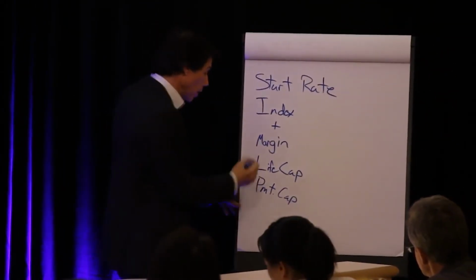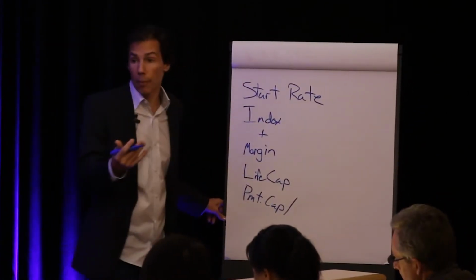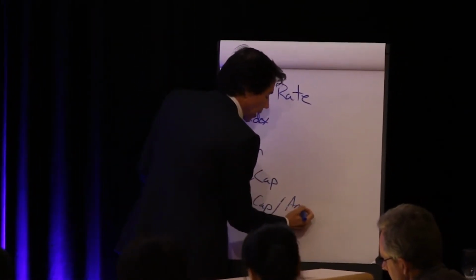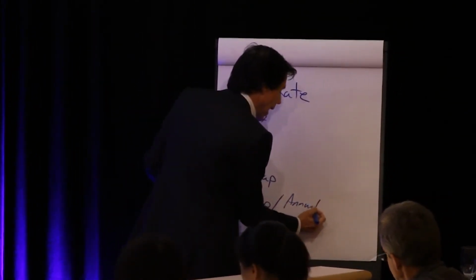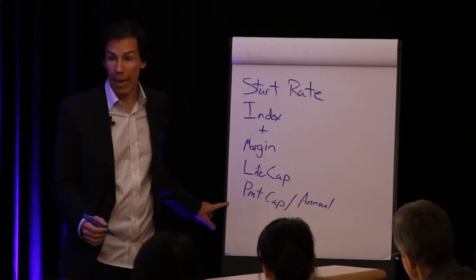But what you would encounter is, instead of a payment cap, an interim cap, okay? Or an annual cap maybe, or a semi-annual cap. And that will be a cap based on the rate, okay, rather than the payment.